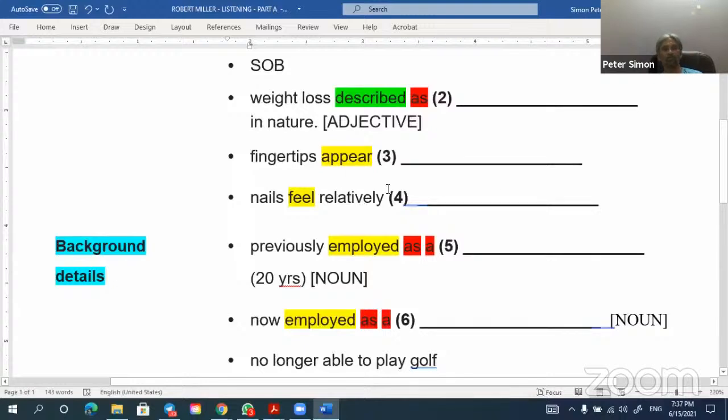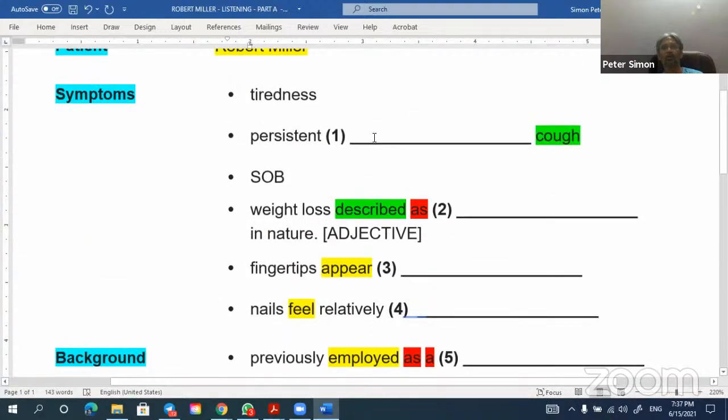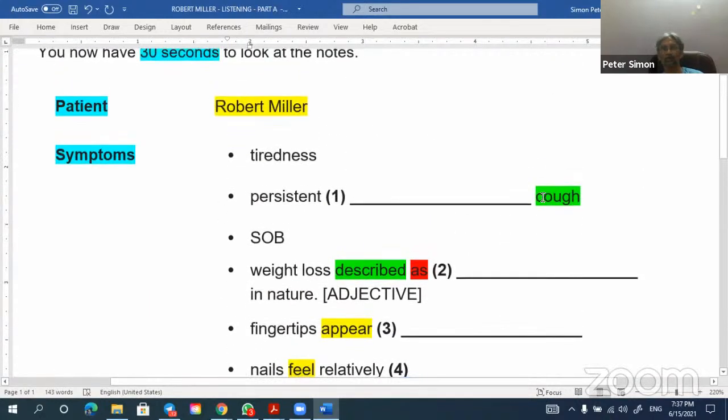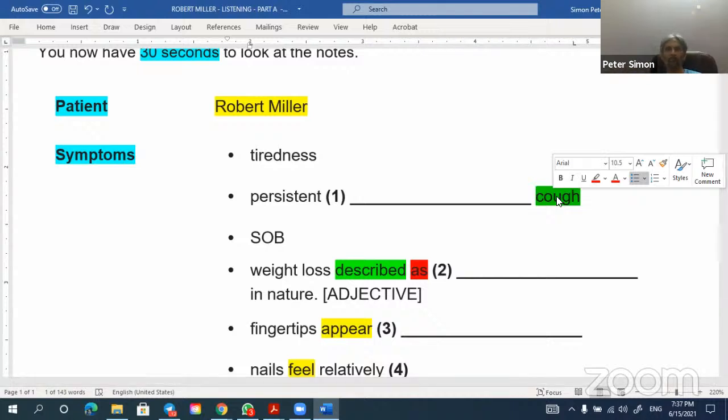Now see here. Is this an adjective, or a noun, or a verb, or an adverb? Cough is a noun. Cough is a verb. Cough is the name of an action.